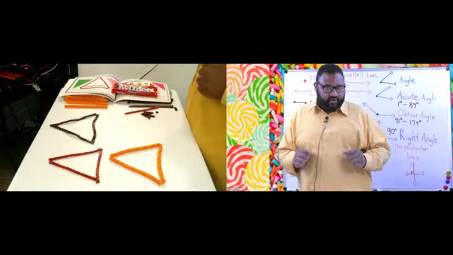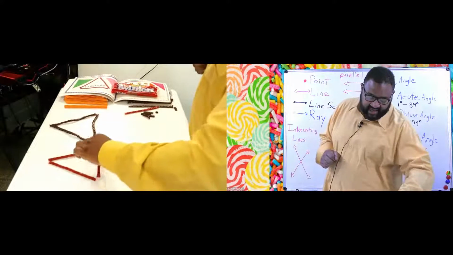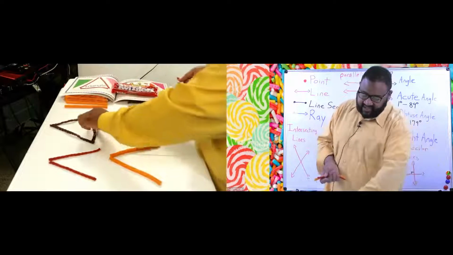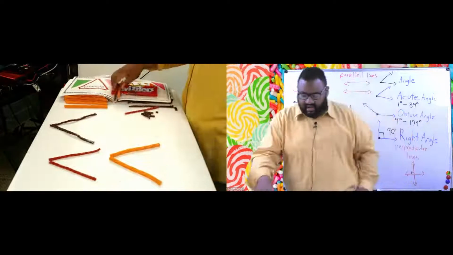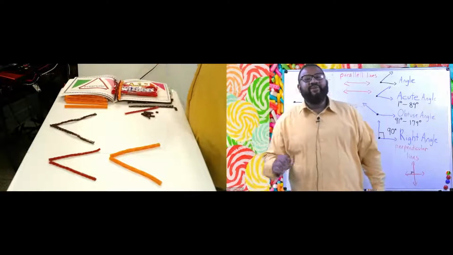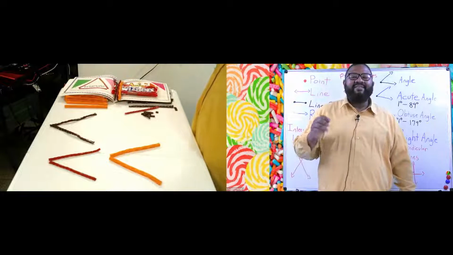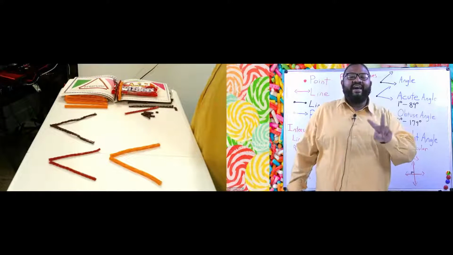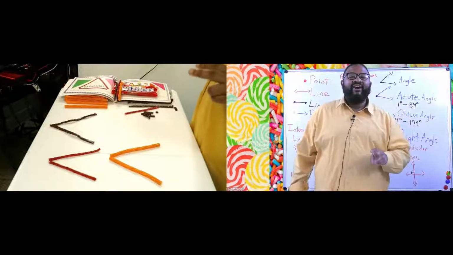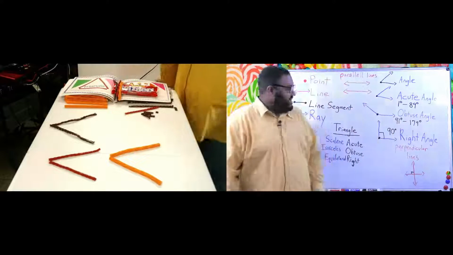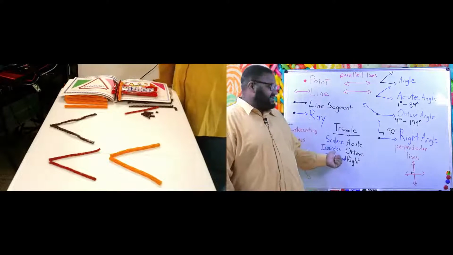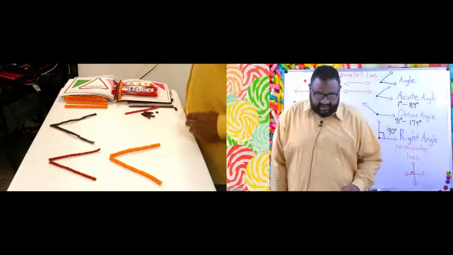Now, what I'm going to do right now is take one from each of these triangles here. Why am I doing that? Because I want to talk about when it has only two sides that are the same. That's called isosceles, when you have two sides that are the same.